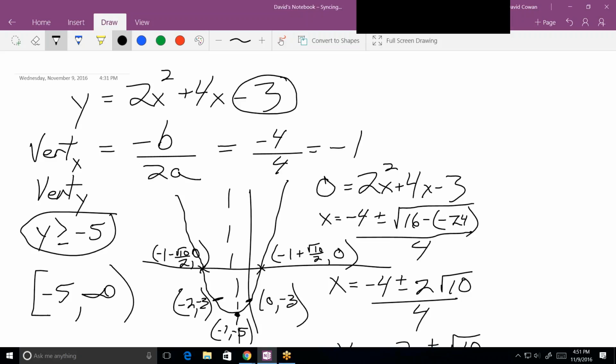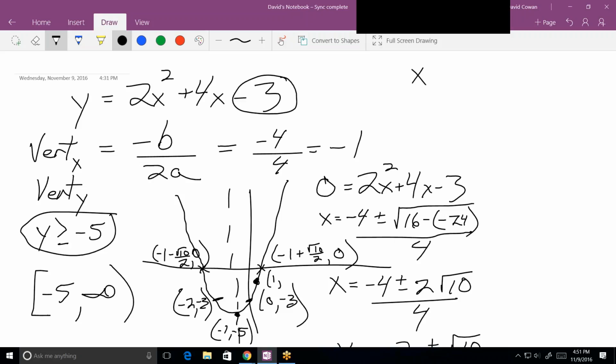What she usually has us do is just plug in a number. In other words, I could have plugged in x equal 1. That's an x of about 1. Well, then the y would be 2 plus 6 minus 3.